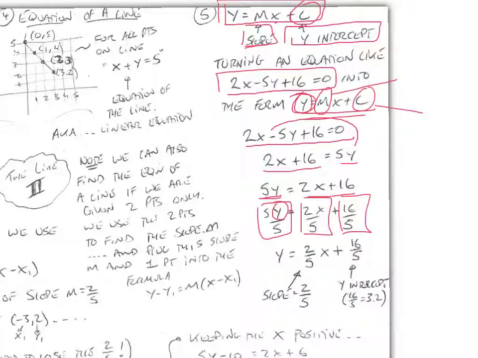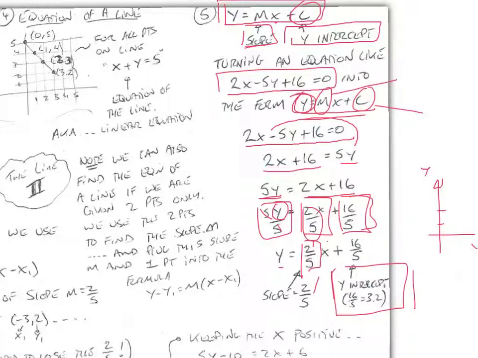So 5 cancels out, and we have y is equal to 2 over 5 x plus 16 over 5. 2 over 5 is our slope, and 16 over 5, or 3.2, is where the line cuts the y-axis at 3.2. So if this was the y-axis, and this is the x-axis, you have 1, 2, 3, and it would cut there at 3.2.